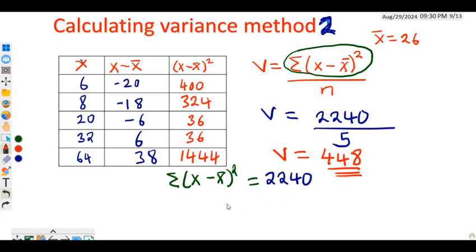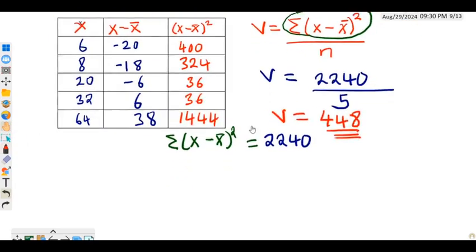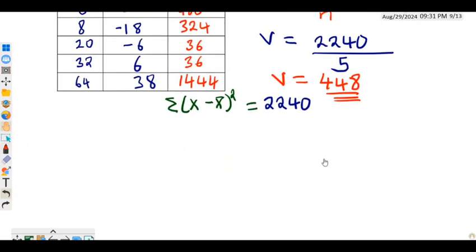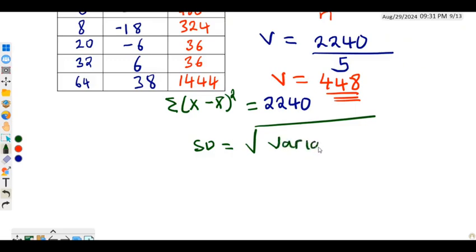So to find the standard deviation, we will do the same. We say standard deviation is equal to the square root of variance. The standard deviation will also give us the same value because we have found the same thing.